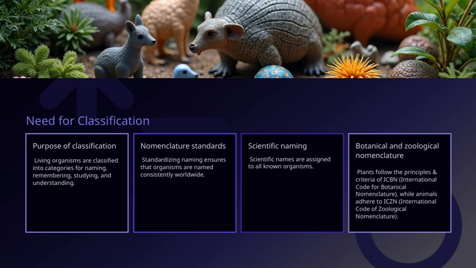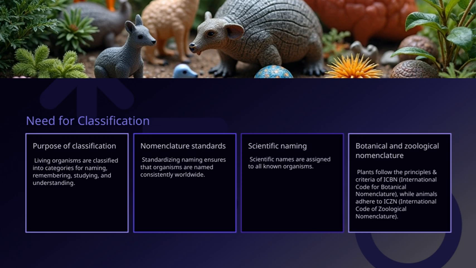This process of scientific naming is crucial because it allows us to communicate clearly and precisely across different languages and regions. Standardizing naming ensures that everyone around the world uses the same names for the same organisms, reducing confusion and making research and conservation efforts much more effective.